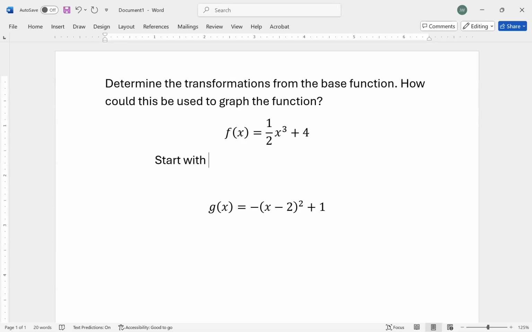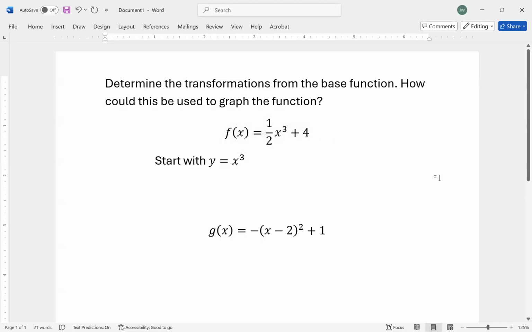And my base function in this first case is going to be y equals x to the third, or f of x equals x to the third. I'm hesitant to use f of x because f of x is my new transformed function. So start with this base function, this x to the third or cubic function. And then we're going to multiply in front by a half. That is a vertical stretch or shrink by a half.